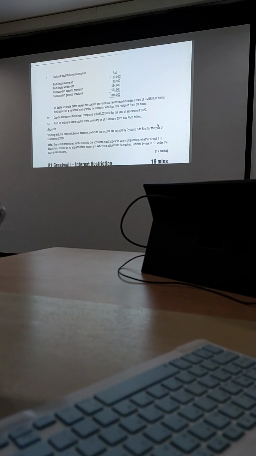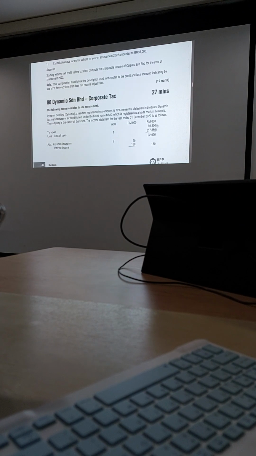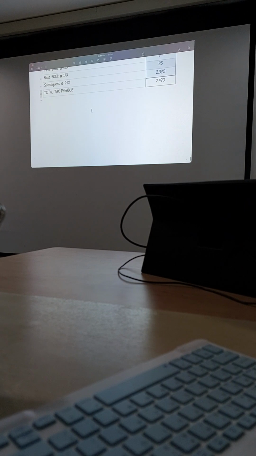Oh, hold on. How much is the income of this company? Oh no, turnover is more than 80 million. So to be an SME, what's the condition? Paid up capital less than 2.5 million.